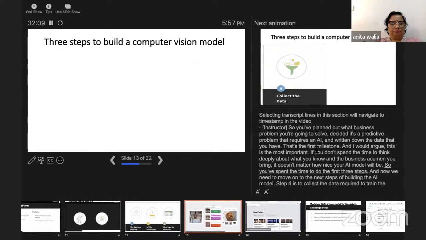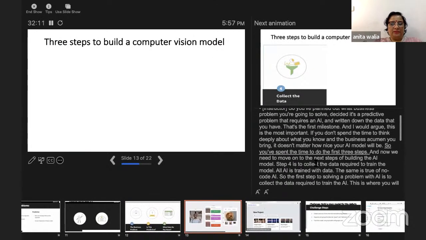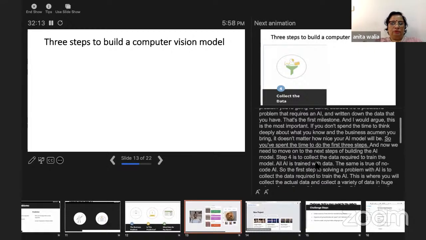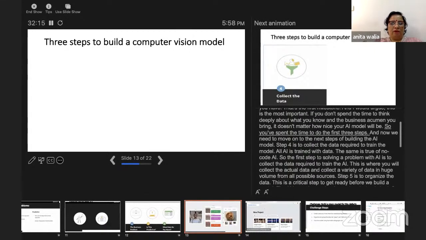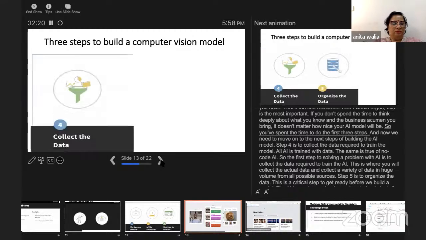So again, as I said, you have the 3 steps model. The step 1, if you can see here, is to collect the data, identify what kind of data you want to solve that problem. I will show you in the software itself how to do these 3 steps. For building an AI model, the first step is to collect the relevant data which you want.